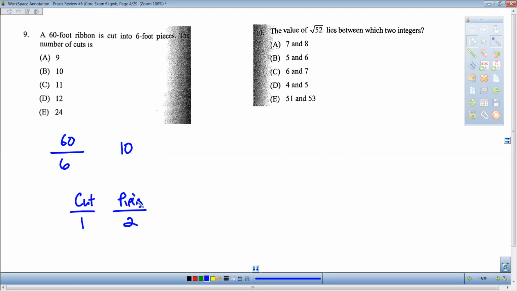And if you end up with 10 pieces, then that means you had to have 9 cuts.